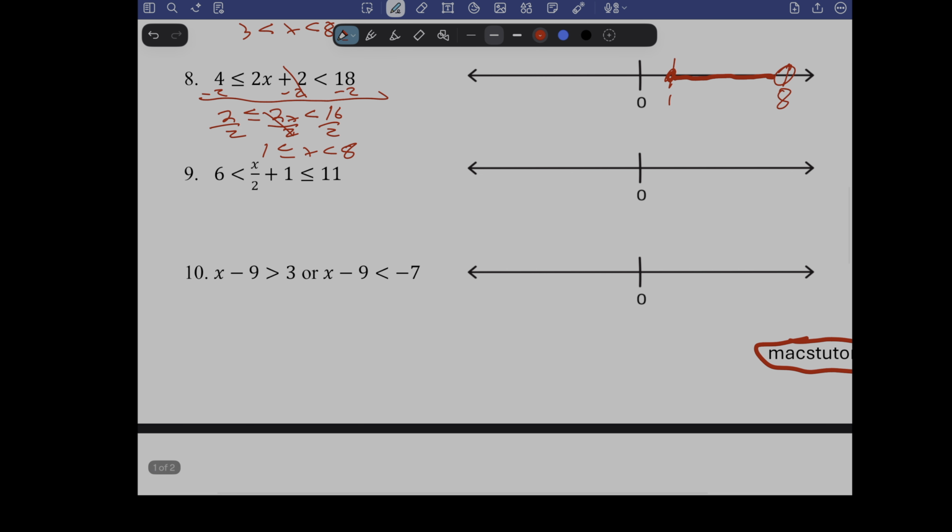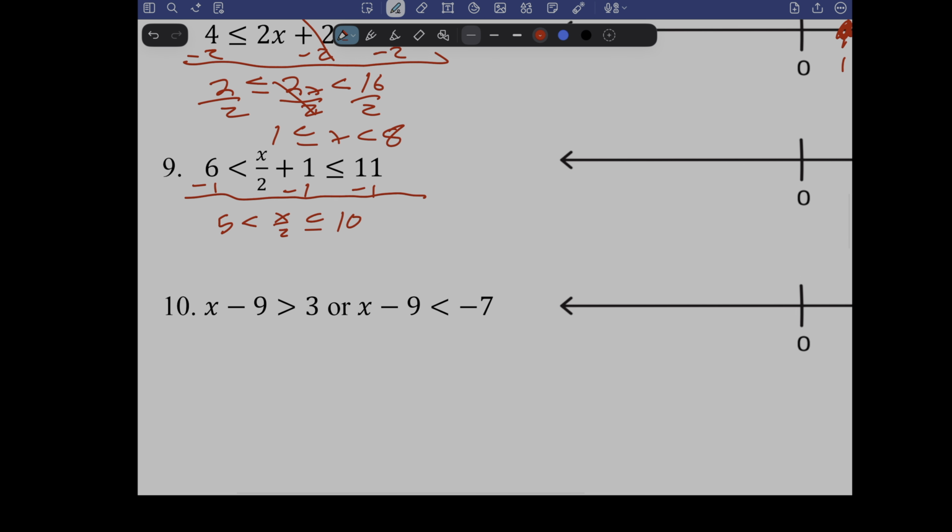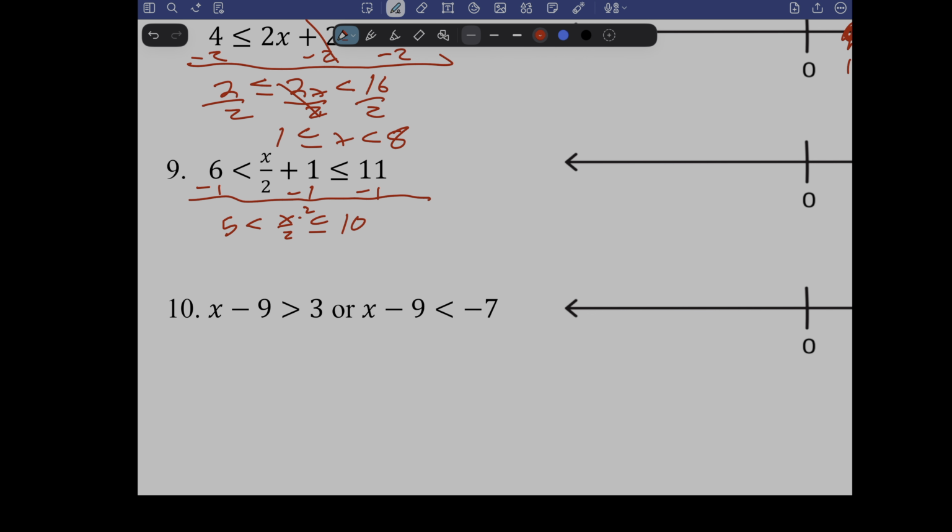Let's go on to number 9. So again, a two-step problem. I'm going to subtract 1 from all three sides, and I'm going to get 5 is less than x over 2, which is less than or equal to 10. Now, I need to multiply all three of these by 2, and that'll give me 10 is less than x, these 2s die, which is less than or equal to 20.